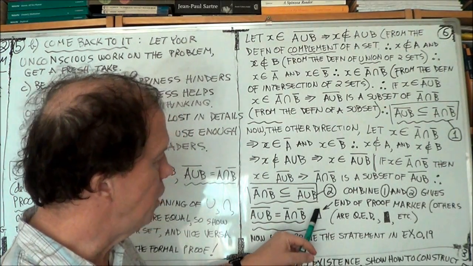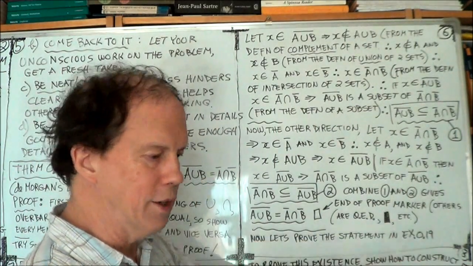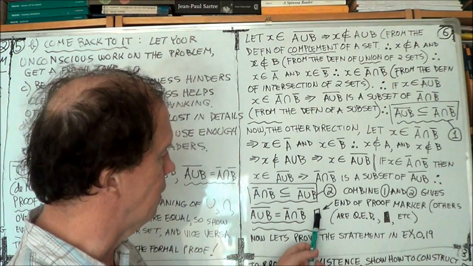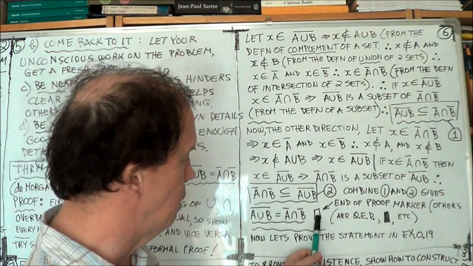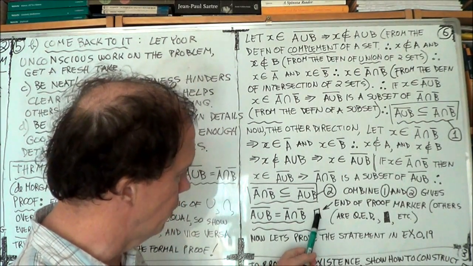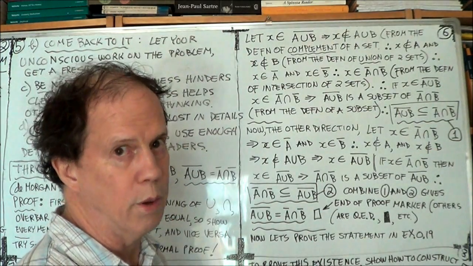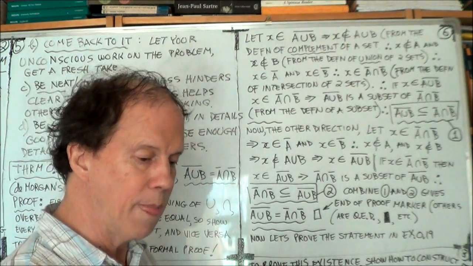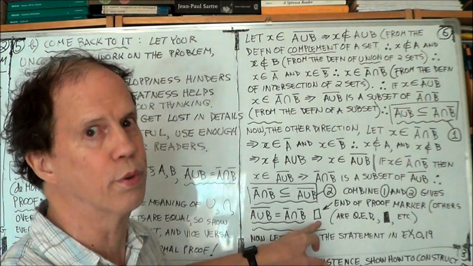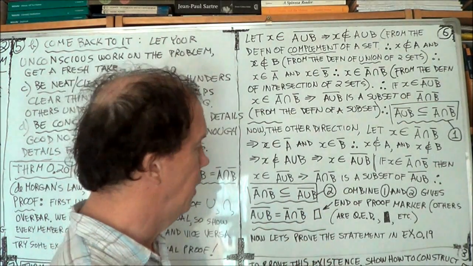Okay, so you don't need to write words, as was to be proved, or the proof is now complete, or a whole line, which will just waste a line. You just put a little marker like this. So I strongly suggest that when you finish your proof, you put this little mark, so that your reader knows that you have finished, or that your proof in a book or article has finished.